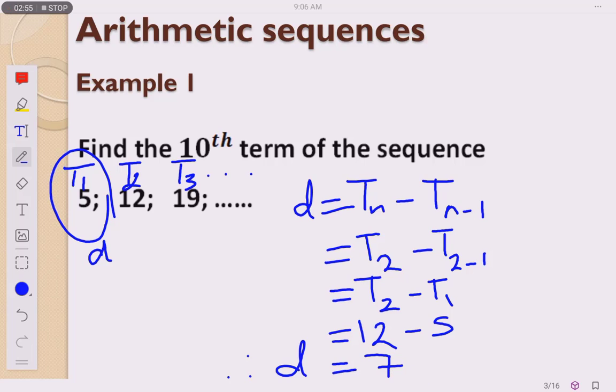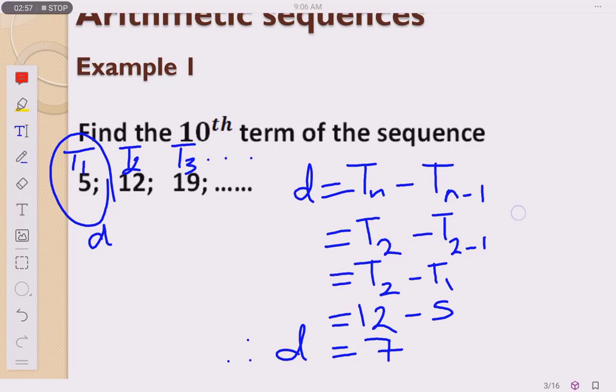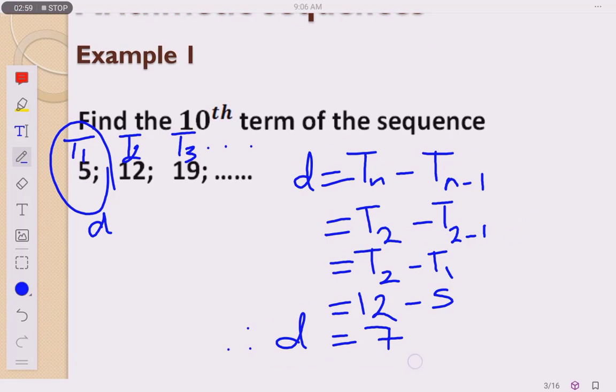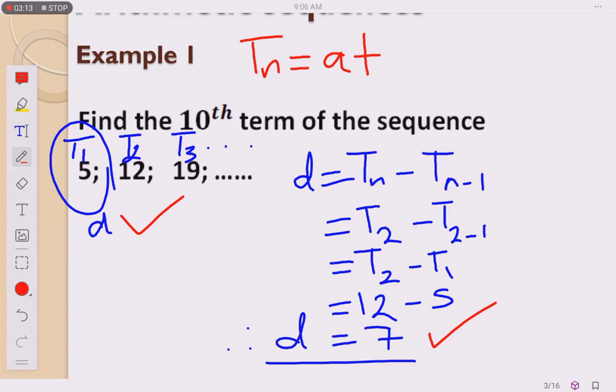Okay, so this is our common difference, which is 7. Now we have our A, our first term, and we have our common difference. We can use that formula for Tn is equal to A plus n minus 1 times common difference, and we can find that 10th term.